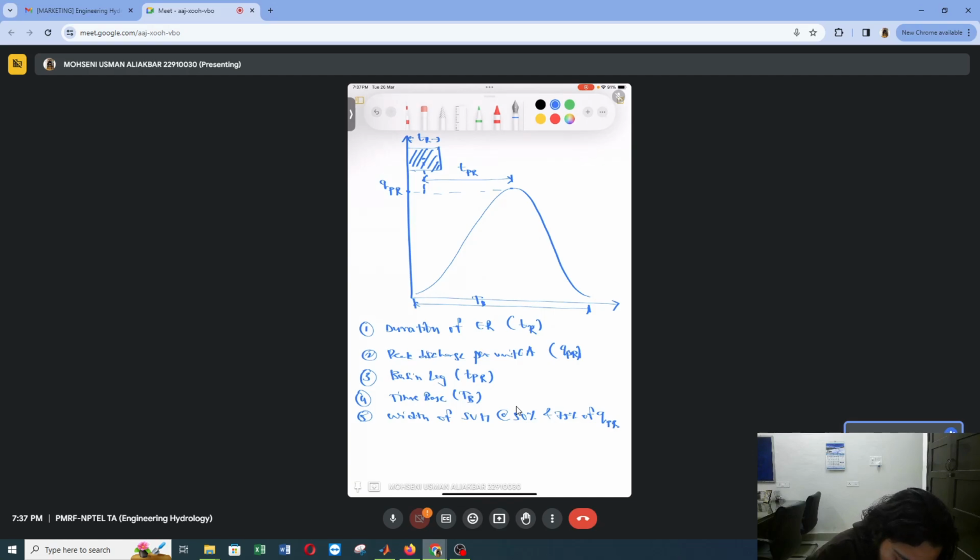Let us say this value is the 75th percentile of QPR, and this value is the 50th percentile of QPR. The corresponding width to this percentile of QPR is nothing but W75, and similarly W50. So these are the 5 important characteristics of a synthetic unit hydrograph that we need in order to derive the unit hydrograph for another catchment, right?